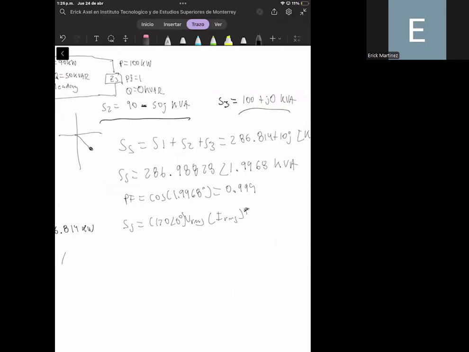In this case, we first need to compute the conjugate of the current.